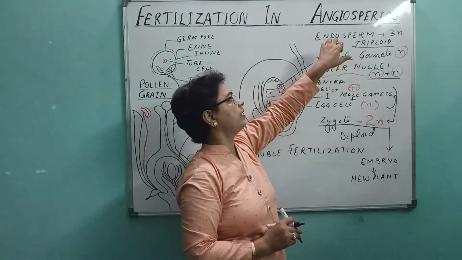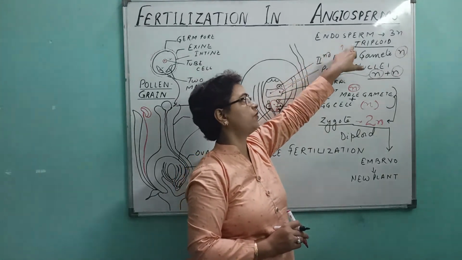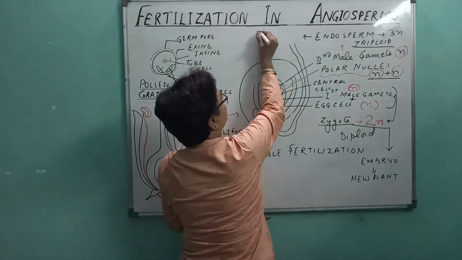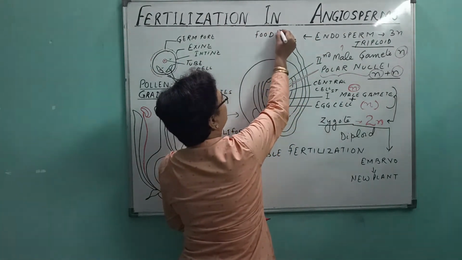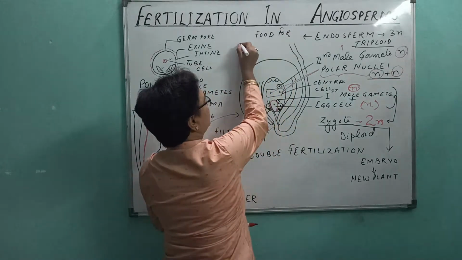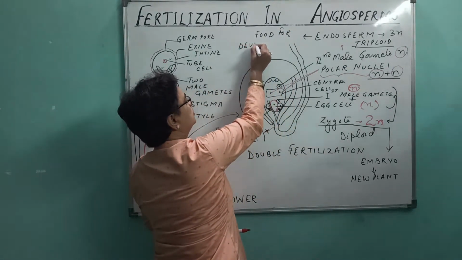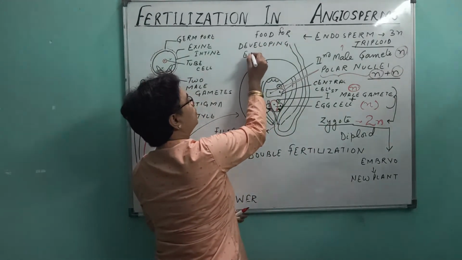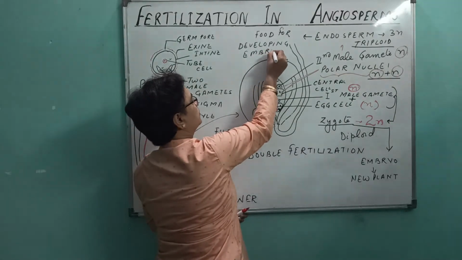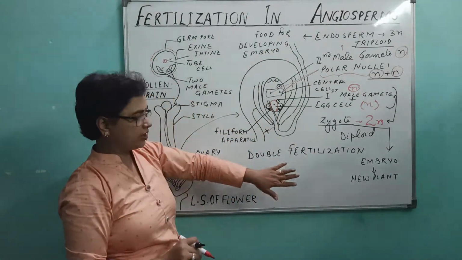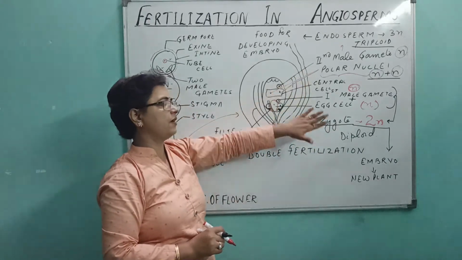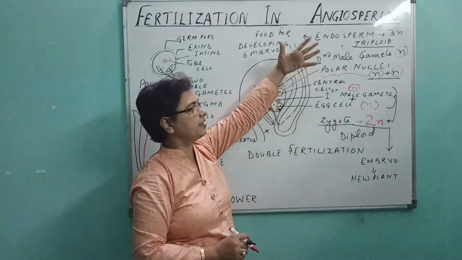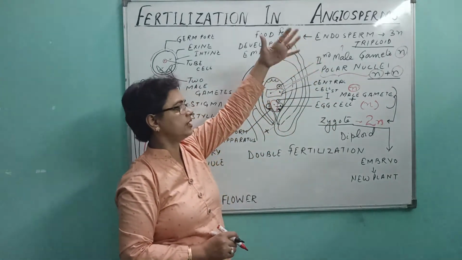This triploid nucleus is responsible for making the endosperm, and this endosperm gives food for developing embryo. This is food for developing embryo. When we talk about double fertilization, we have to define fertilization 2 times. That means first the formation of zygote and second the formation of triploid nucleus, that is endosperm.